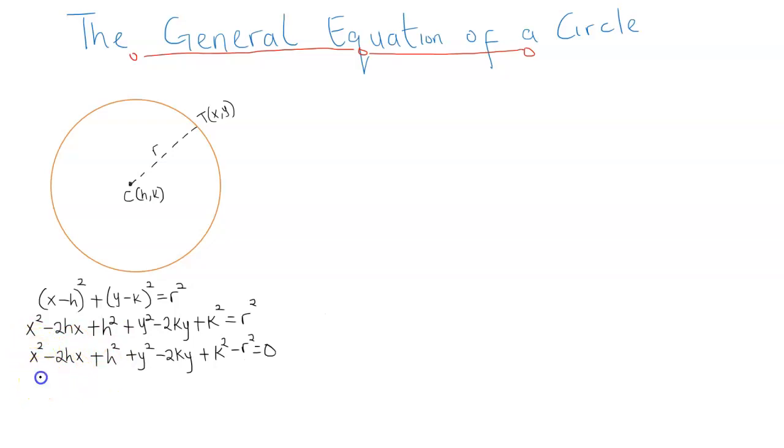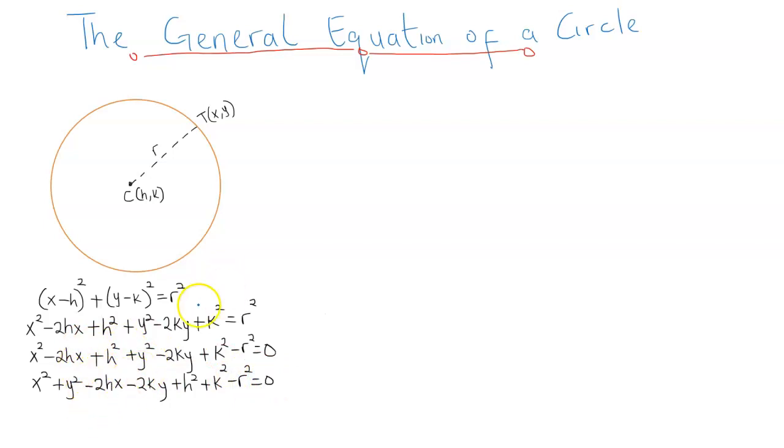So this equation can be written as x squared plus y squared minus 2hx minus 2ky plus h squared plus k squared minus r squared equal to 0. I've only reordered the items here.